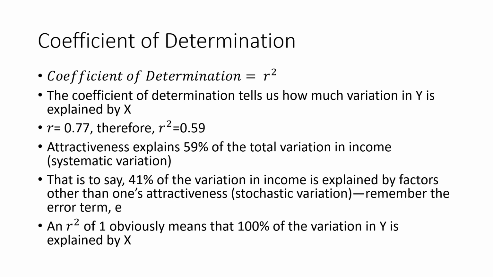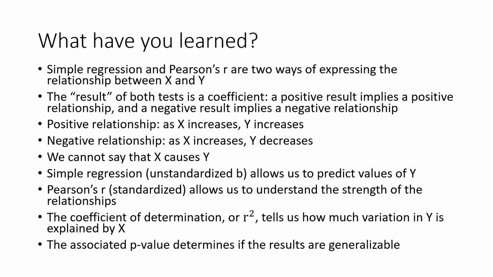Well, the e is essentially this 41%. It's a bunch of variables that we haven't actually measured, and therefore we weren't able to incorporate into our equation. And we refer to this as stochastic or random variation. Obviously, if you get an r square of 1, this means that you've explained 100% of your dependent variable.